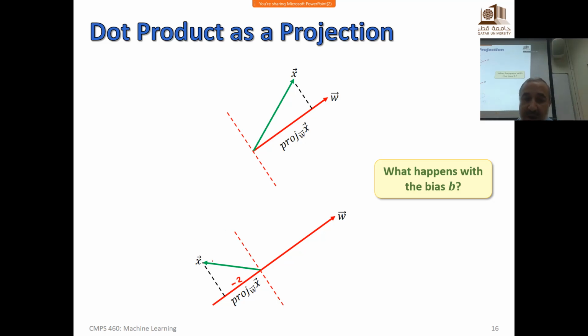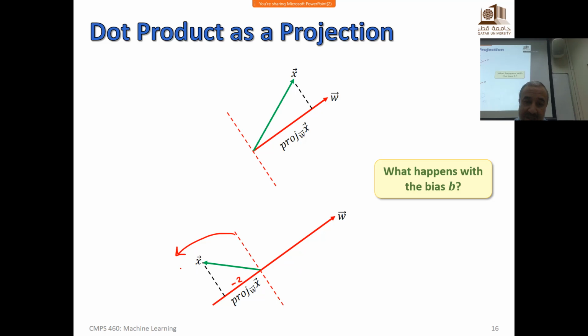And now this without bias was negative, but with the bias, now it should be predicted as positive. So that means that we are increasing the area of the space of the positive examples.